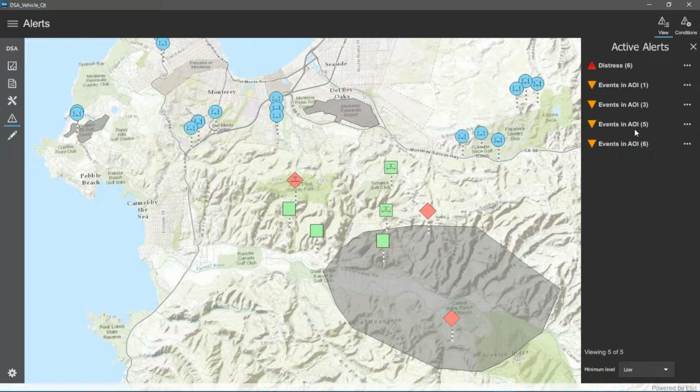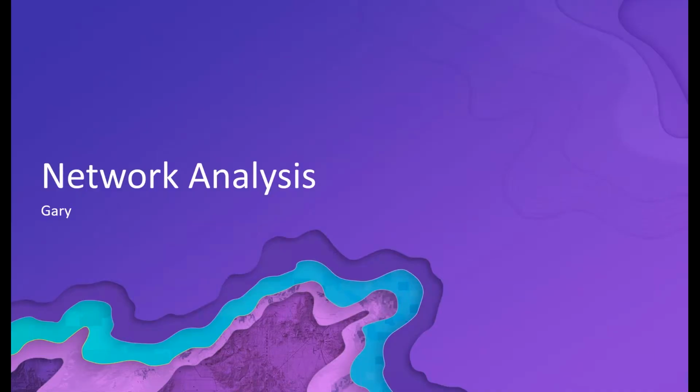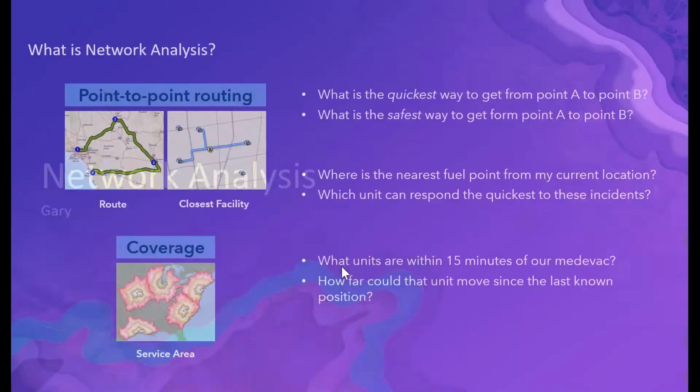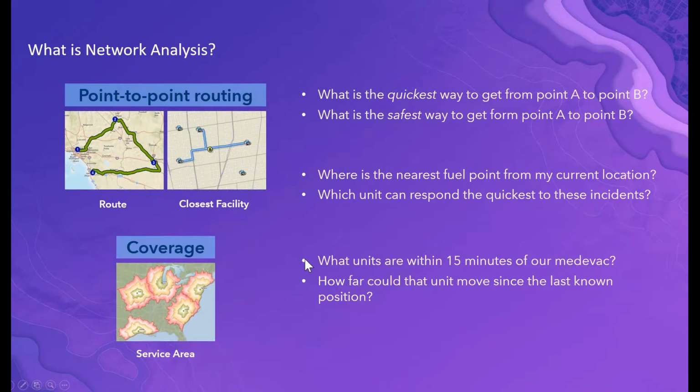Thanks, Carrie. Now let's talk about network analysis capabilities in ArcGIS Runtime. Network analysis allows us to optimize routes between locations. We can optimize this for different parameters such as speed, distance, or even things like cover and concealment.